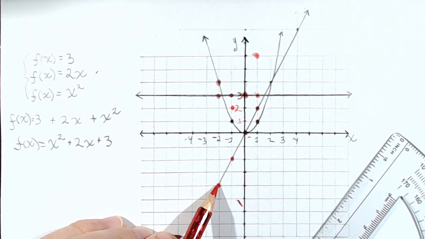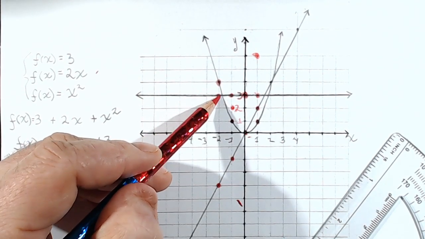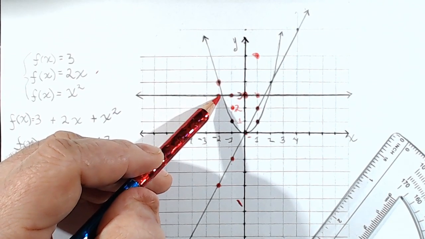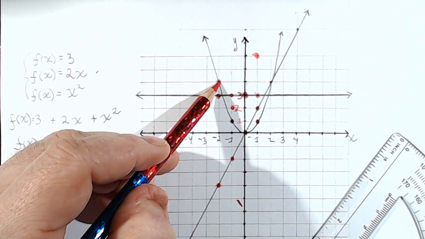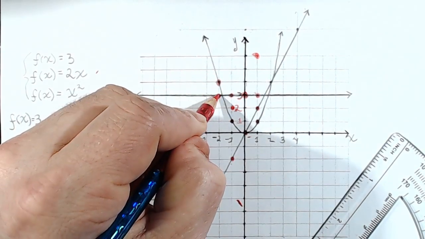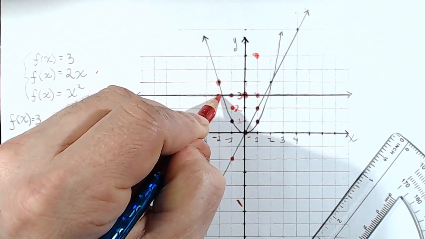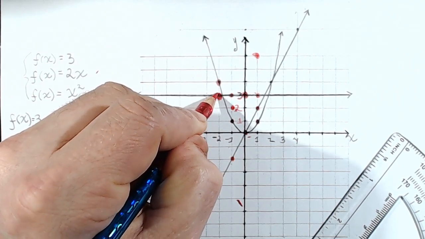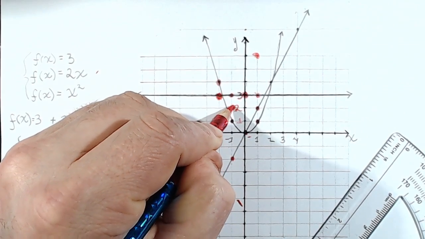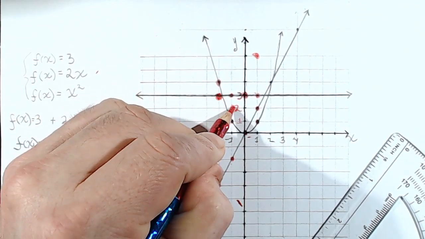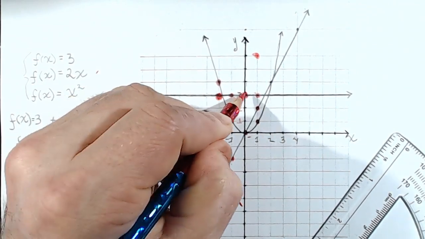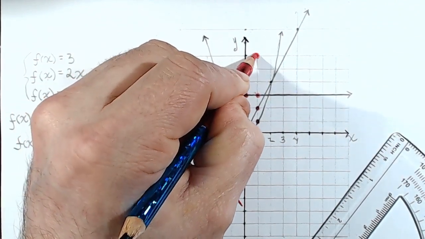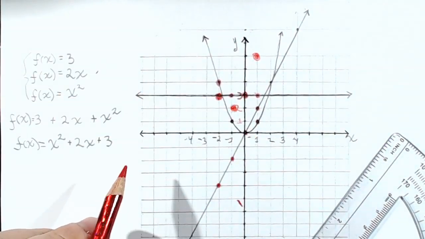This is negative 4 plus 3, that's negative 1, plus 4 is 3. So here's my point at, I'm going to make this big, f of negative 2. So now I've got these three big points here, all right?